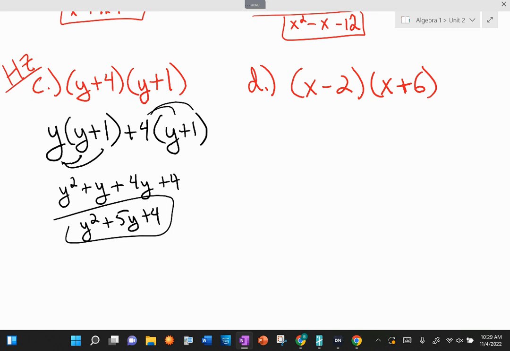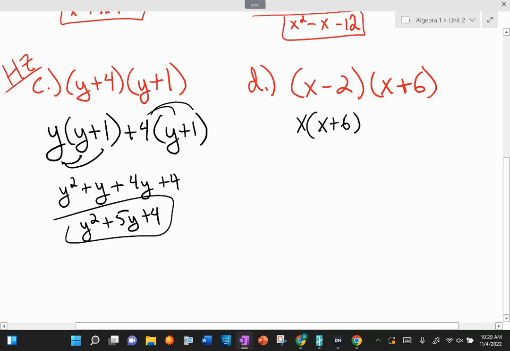Okay. Horizontal method. I'll just go ahead and put this up here. For letter D, please be careful if you're using the horizontal method that you make sure this is your -2. So you're going to do x times x and x times 6, which gives you x squared plus 6x.